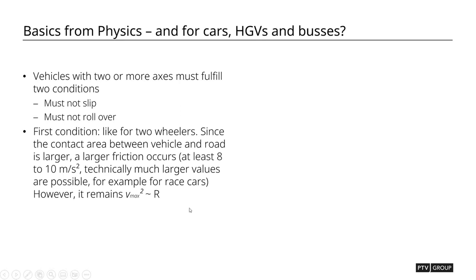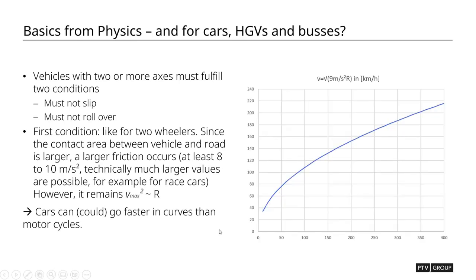The contact area with the ground is larger, and that means that the total friction force is a bit higher than for two-wheelers. So in principle, cars could go faster in curves than motorcycles. So that is shifted to higher values. If normal drivers do that, if they make use of it, that's a different question, but from a physics point of view, they could.